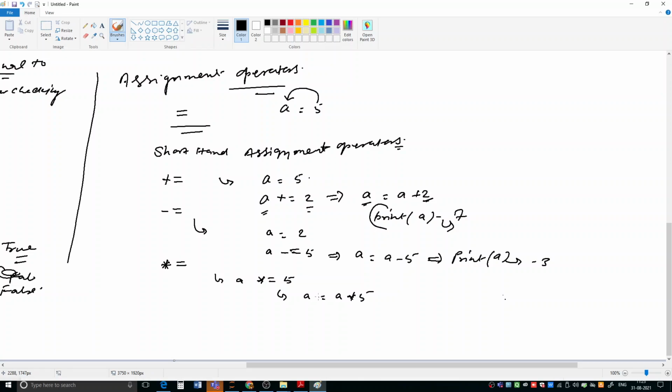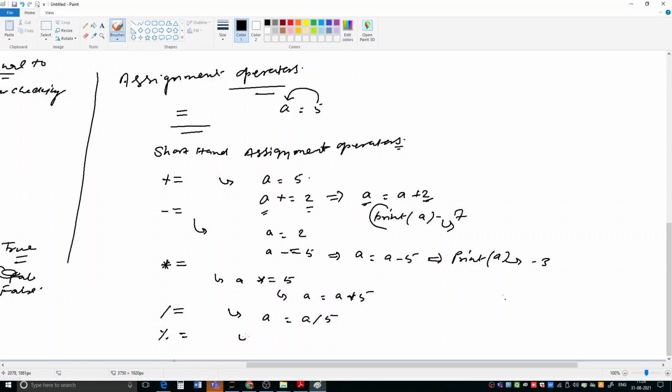Depending upon the initial value of a, the final value of a will be 5 times a. Then we can have division, which is written as a equal to a divided by 5.